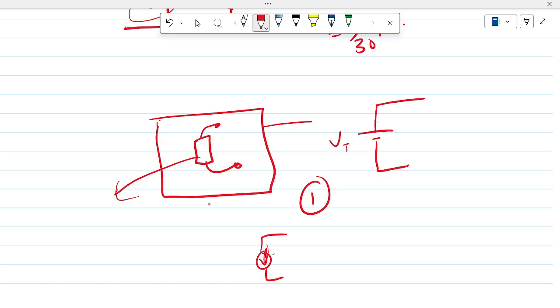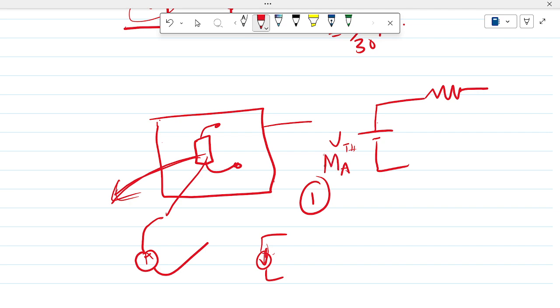Step 2, replace it with an ammeter, measure the current flowing through that, and write it down as the measured current, IA measured.